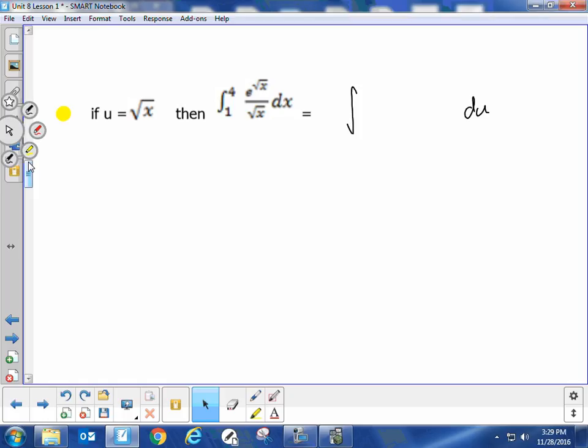I'm telling you, u is going to be equal to root x. What's the integral from 1 to 4 of e to the root x over root x?